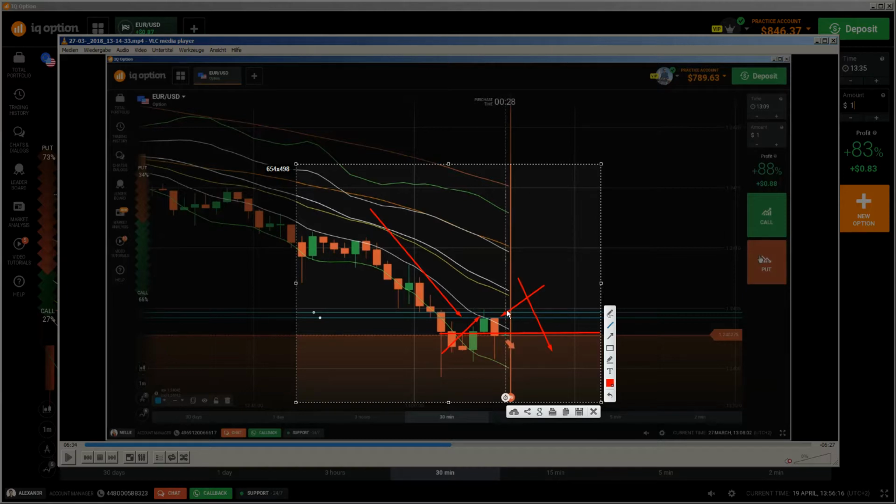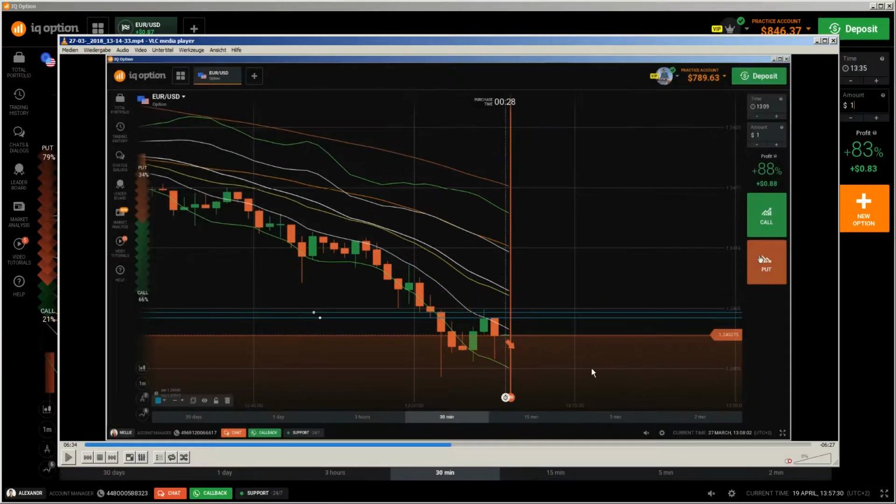If you have something like this, you can enter immediately, and that will work out more than 80% of the time, because here you have everything together, like I have explained: the trend, the major key level, the candlestick pattern, and the rejection is not even needed, because this setup of the engulfing candle in combination with the bearish hanging man is telling you that it's going down for sure, and that is what it's about.